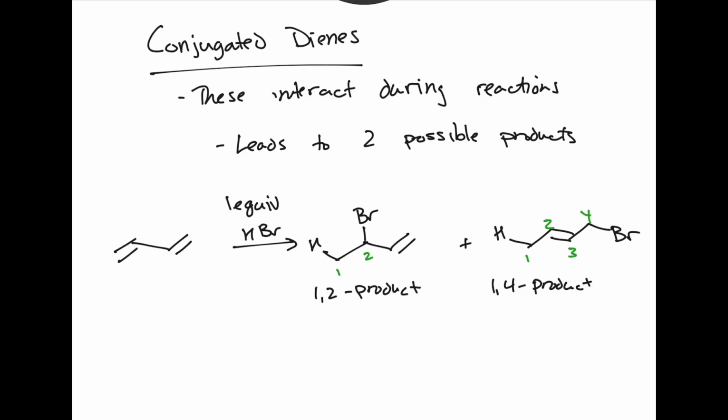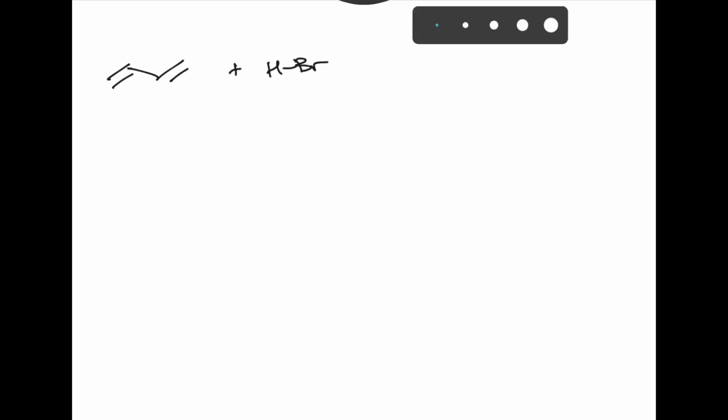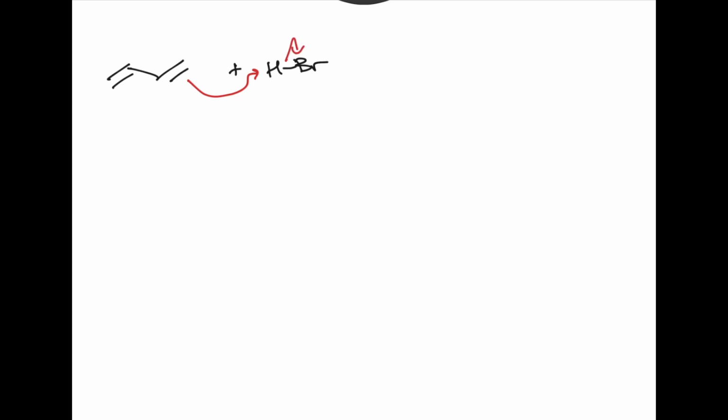So we get these products from kind of the same mechanism. So let's look and see where these come from. Right, so the beginning is the same, right? The pi bond is going to add to the hydrogen, break the hydrogen-bromine bond, and make a carbocation.